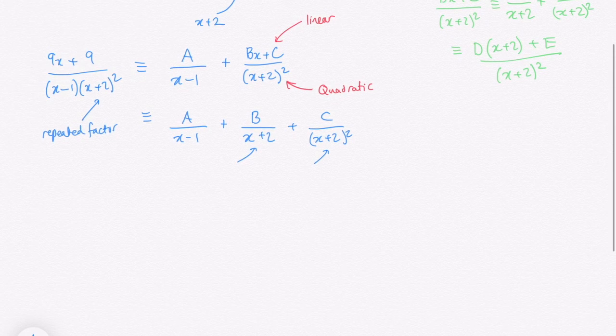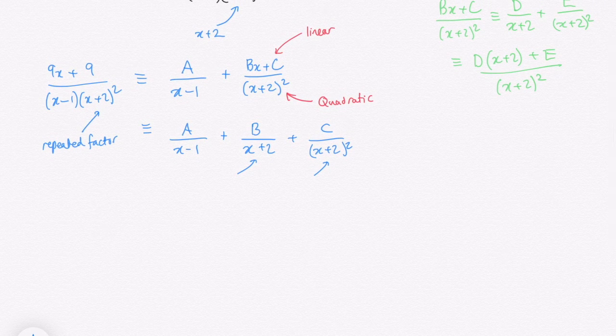Well, what we want to do is we want to write all of this expression with a common denominator. In particular, we want a common denominator of x minus 1, x plus 2 squared. So this first fraction we need to multiply on the numerator and the denominator by x plus 2 all squared.